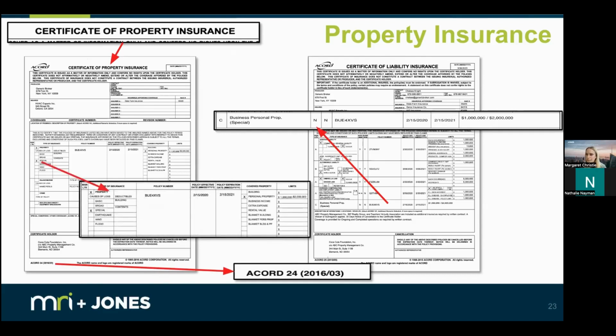And then it has a whole section specially laid out for the property insurance. You can see, like I said, that this is the same type. Note that this is special. This one has the same limits as the other policy as well. So this is just two different ways of seeing the exact same thing.